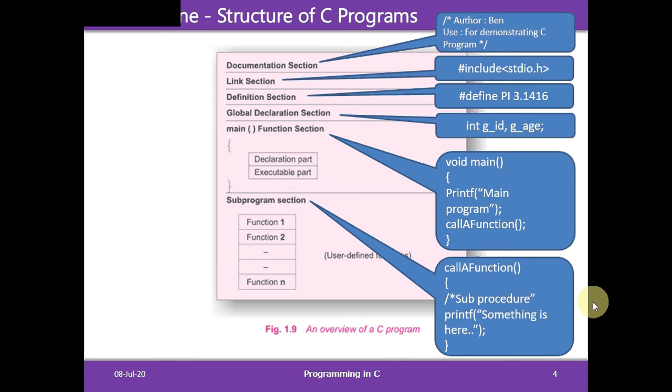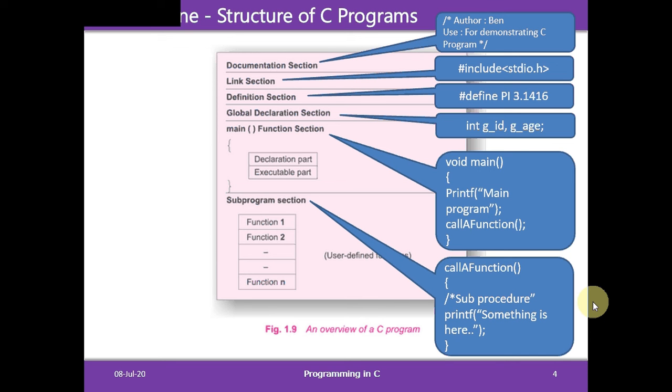They can be included in your program, and the header files contain many objects, or simply they can even contain functions, and these functions can be used in your programs if you include their respective header files. So hash include stdio.h is a standard input output header file that is mainly used for taking input through the console systems.